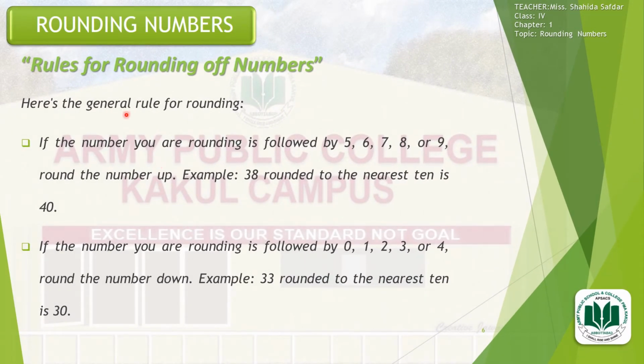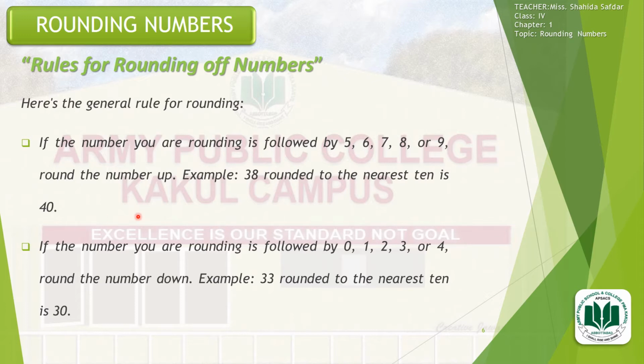Here we will discuss the rules for rounding off numbers. The general rules are: number 1, if the digit next to the place you are rounding is 5, 6, 7, 8 or 9, round the number up.